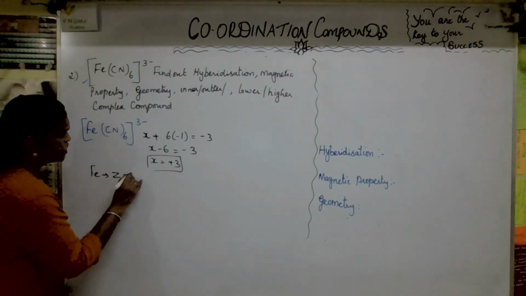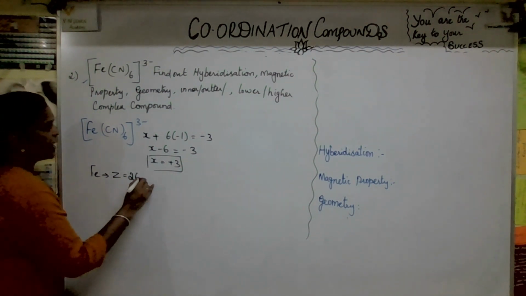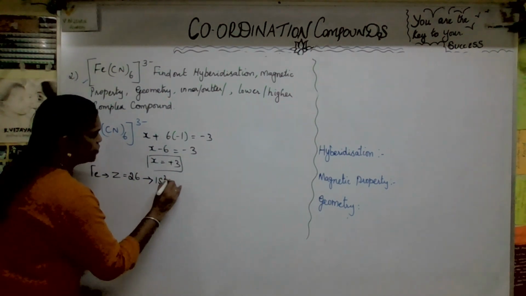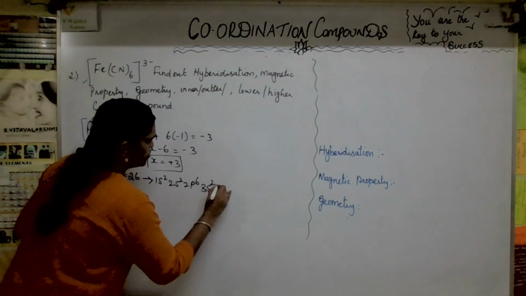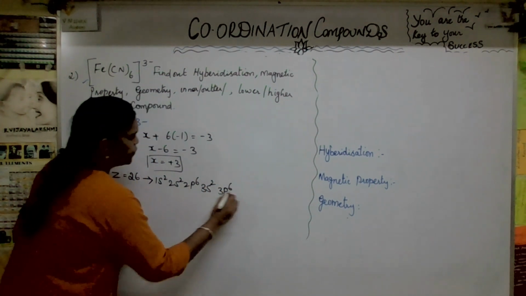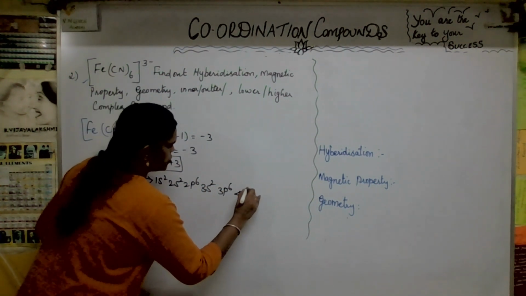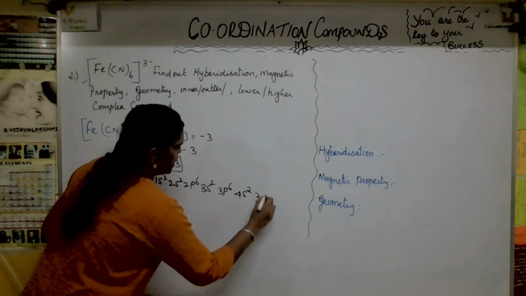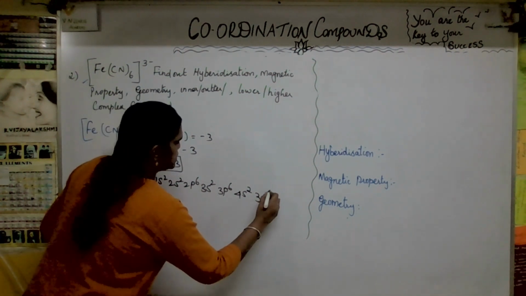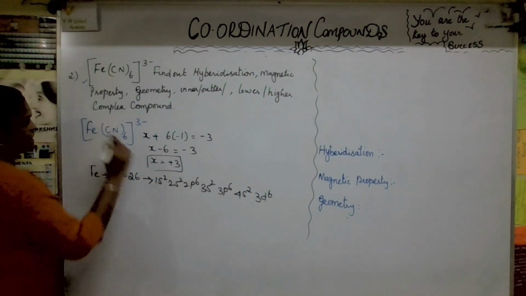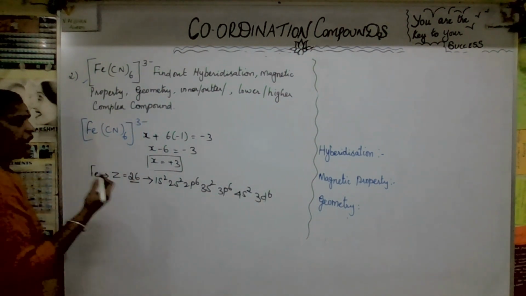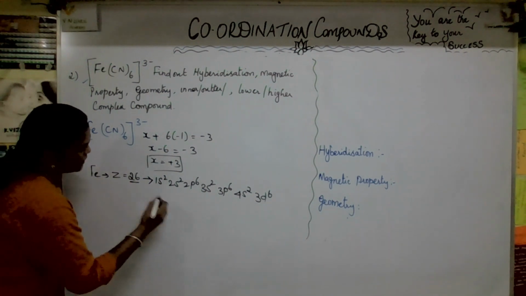Okay, now electronic configuration: 1s2, 2s2, 2p6, 3s2, 3p6, 4s2, 3d6, right? So this is 26.